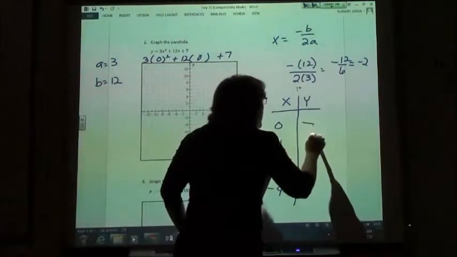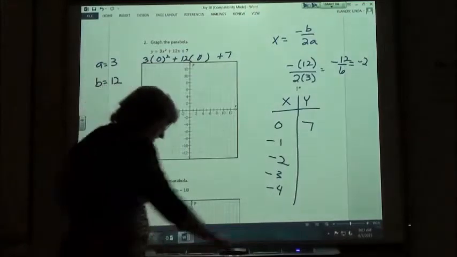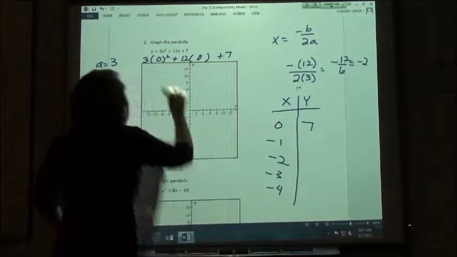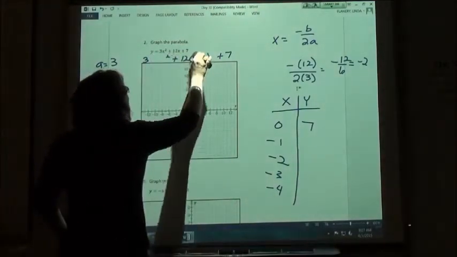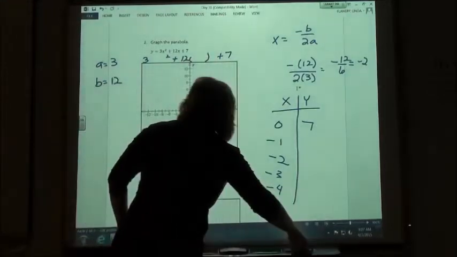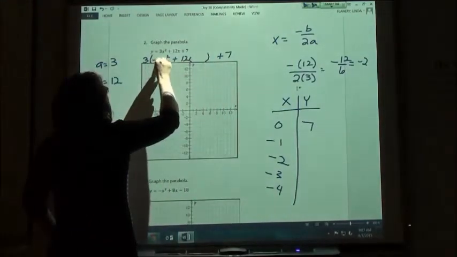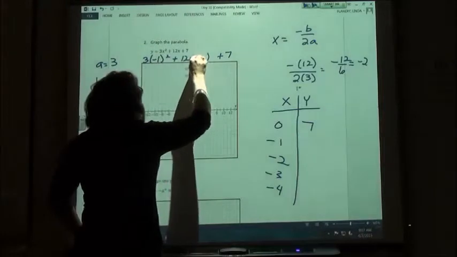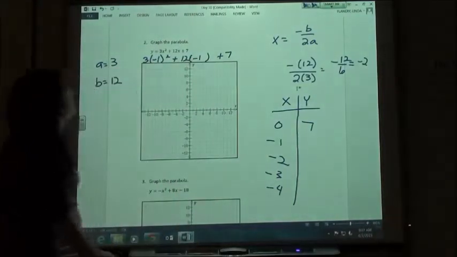That's a lot better number than 50-something. All right, now we got to put our negative 1 in. So 3 times negative 1 squared plus 12 times negative 1 plus 7.